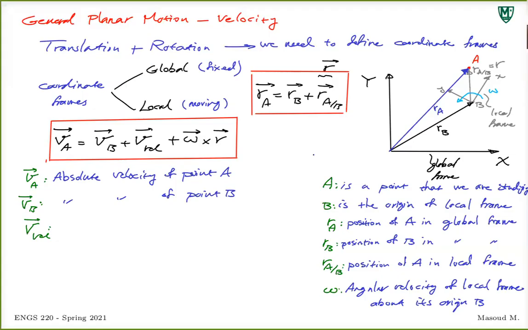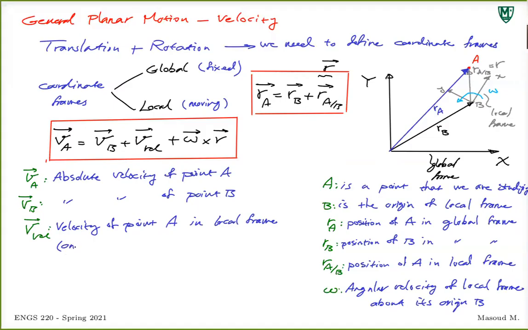You don't care about everything else happening. All your focus is on local frame and point A in that local frame. What is the velocity of A with respect to this local frame? That would be your V relative. So velocity of point A in local frame.